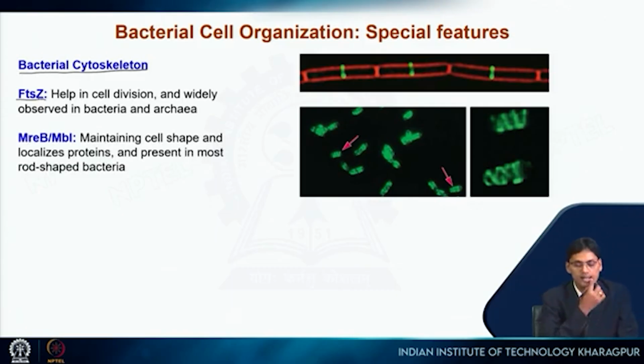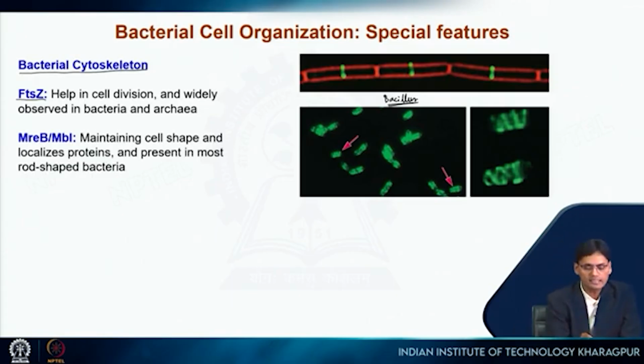This is a homologue of tubulin, similar to eukaryotic tubulin. It helps in cell division and is widely observed in many bacteria and archaea. For example, we are showing it here in Bacillus, which is a rod-shaped bacterium.